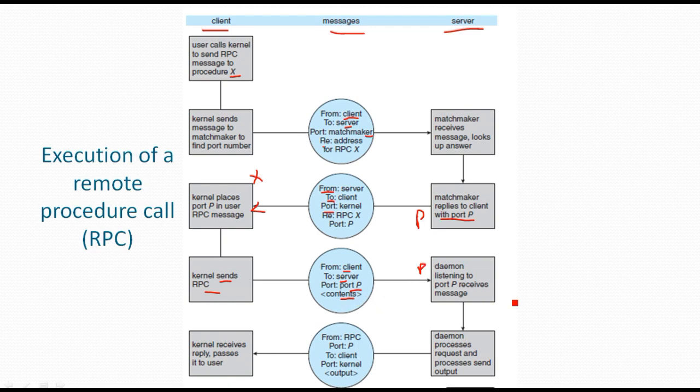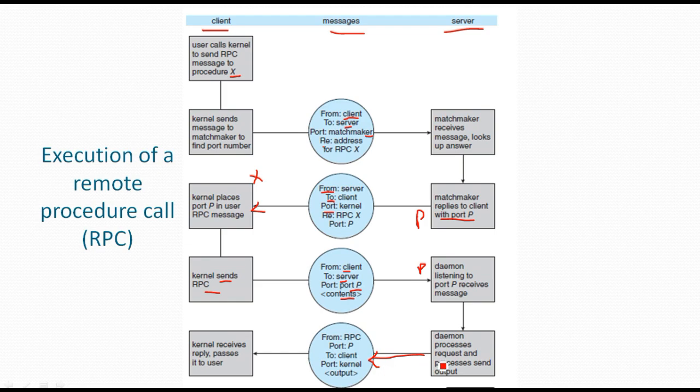All the incoming data is listened to by the daemon. The daemon is listening to port P, receives the message from the client, processes the request and sends the output.